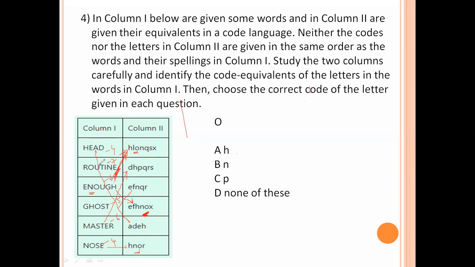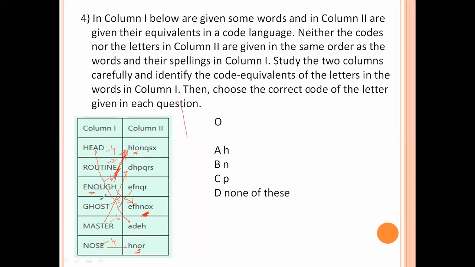So among these three, we observe that E common, N common, O common.